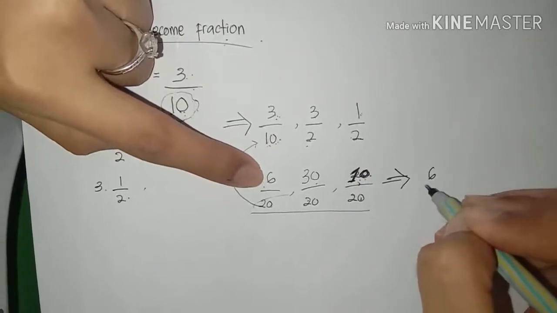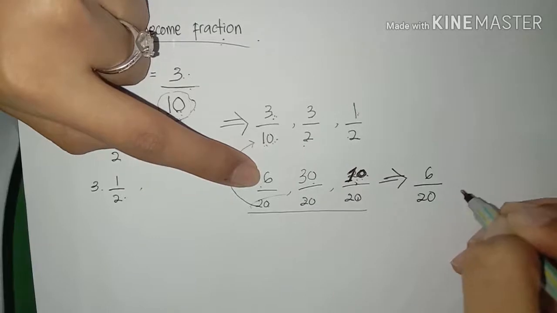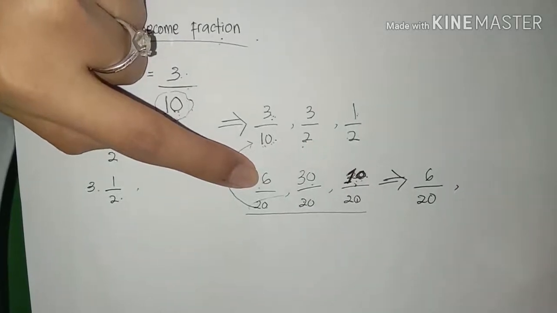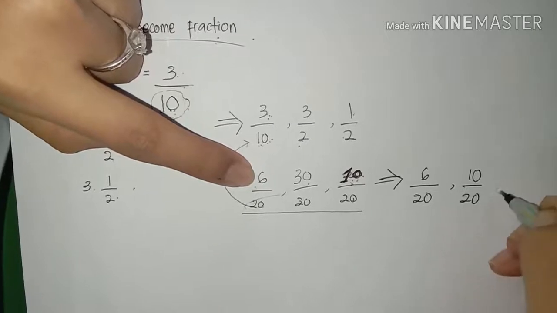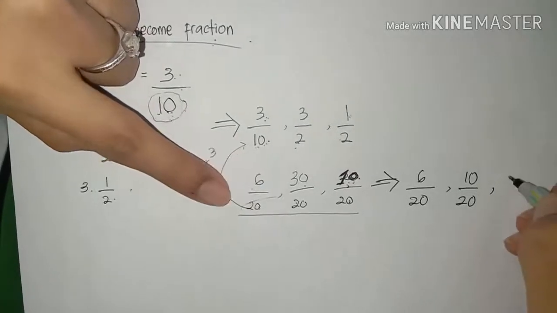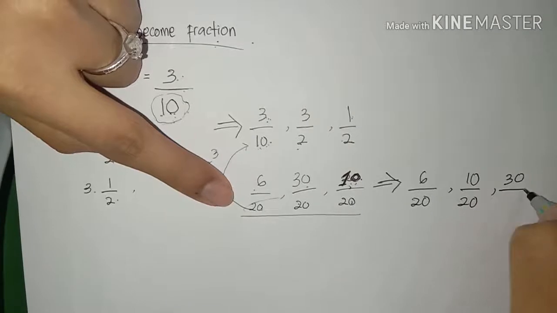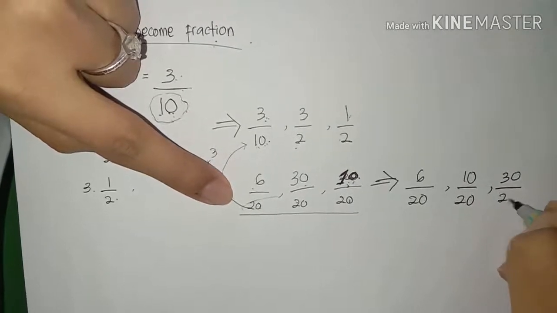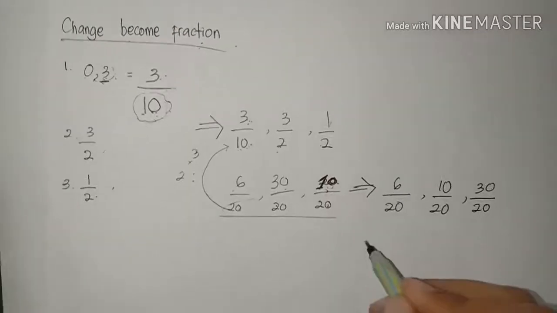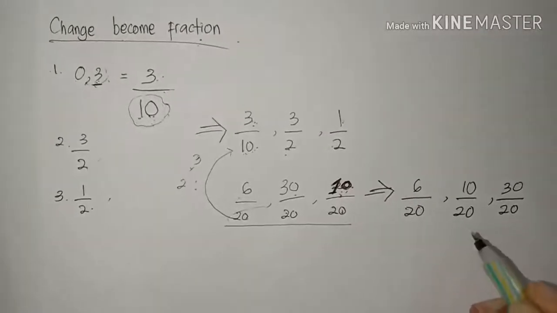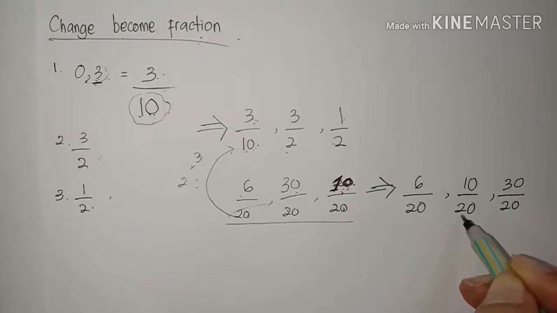Good. 6 of 20, and then 10 of 20, and the last is 30 of 20. Smart student. This is the fraction types.